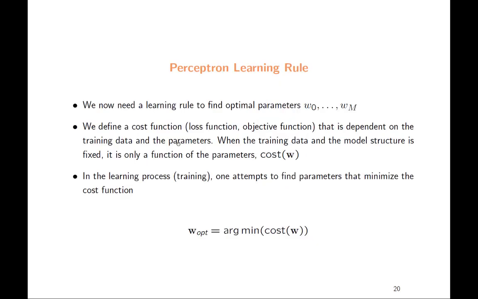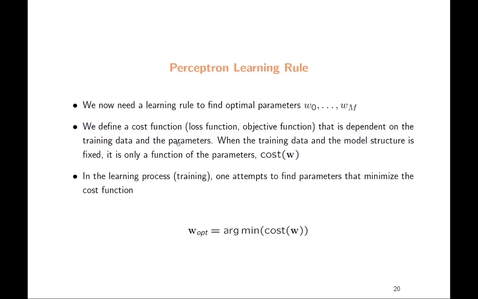So now we know how the perceptron functions. And now, of course, the question is, how do we find the optimal parameters or weights, W0 to Wm? So we define a cost function, also called loss function or objective function, that is dependent on the training data and the parameters.